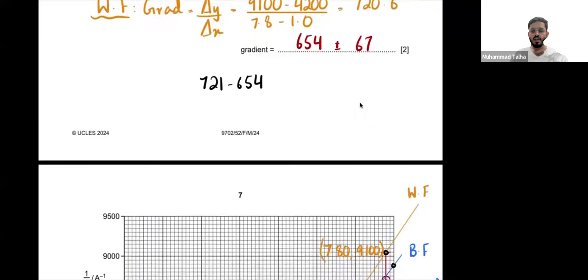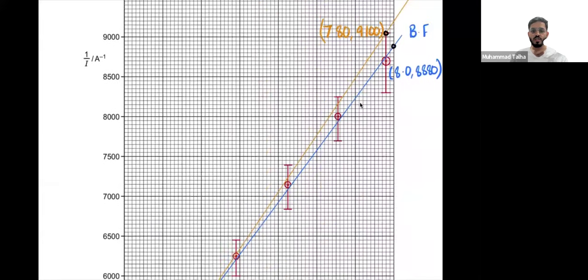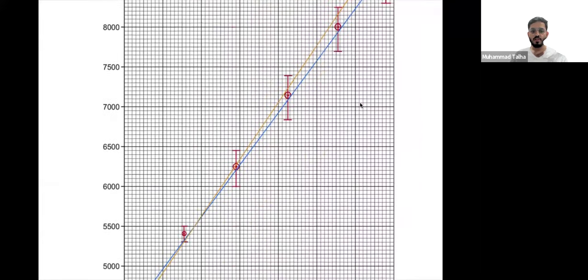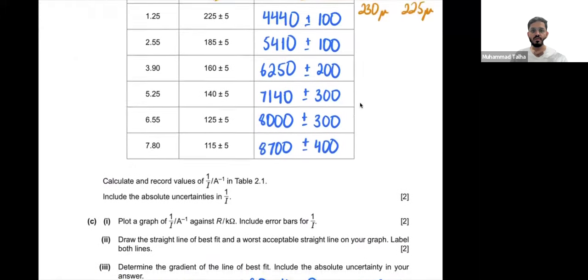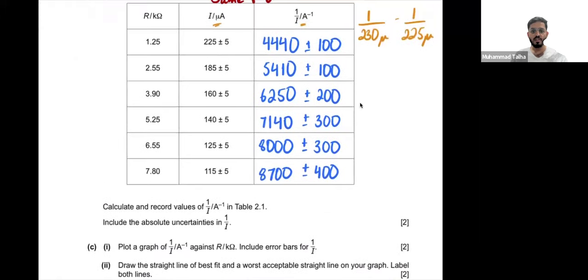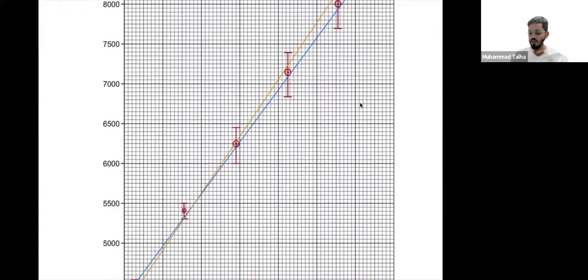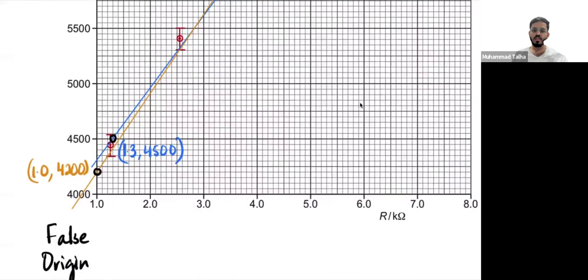If you look at the scales here, they are already given, so you just take these values and plot them. Let's pick out a value at random, maybe this one: 2.55 on the X, 5410 on the Y. Right between 2 and 3 would be 2.5, so 2.55 would be even between these two boxes, because this is 2.5 and this is 2.6.